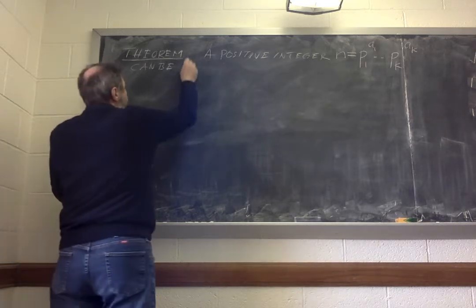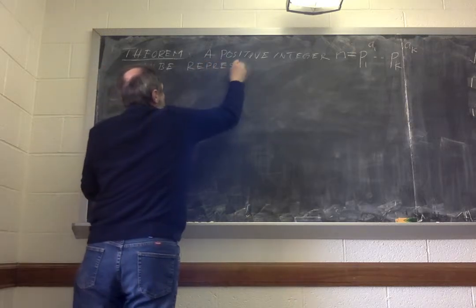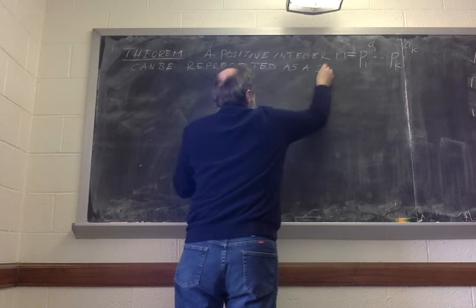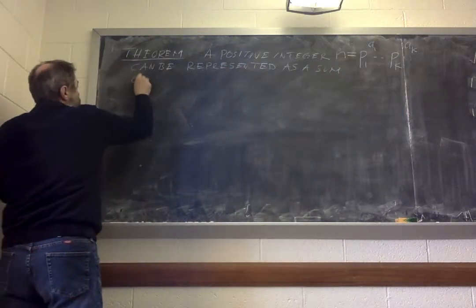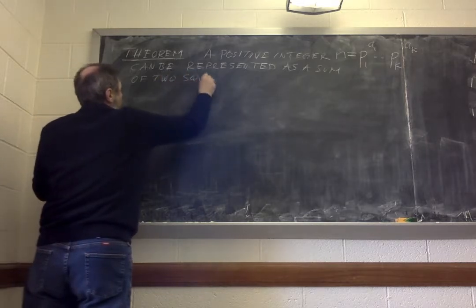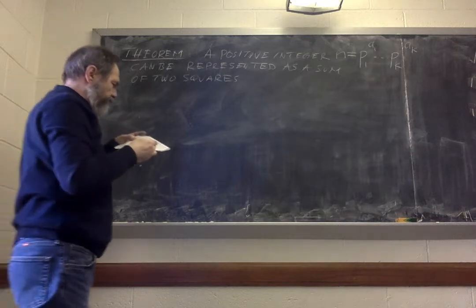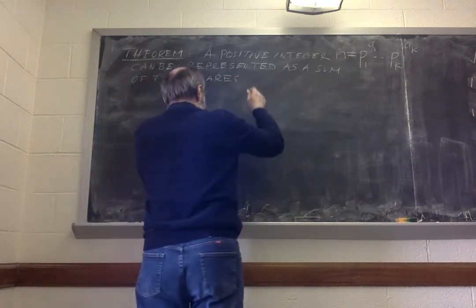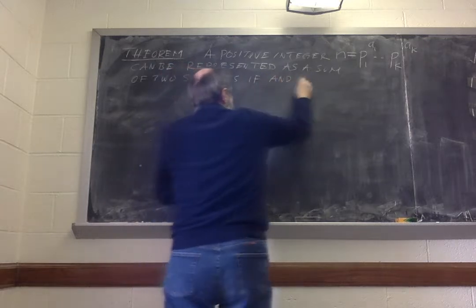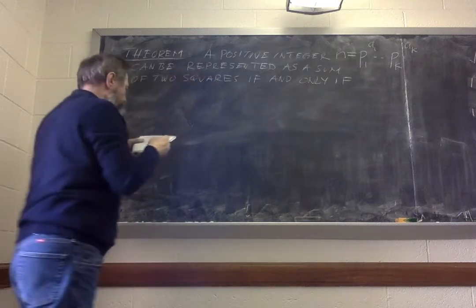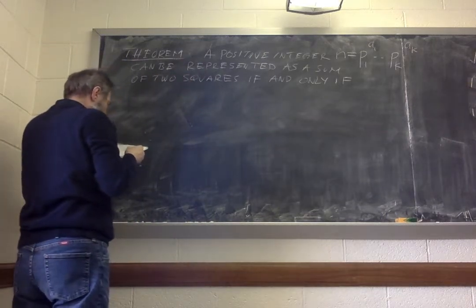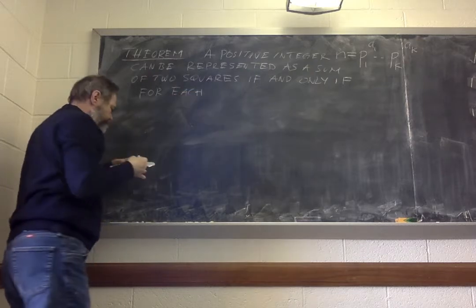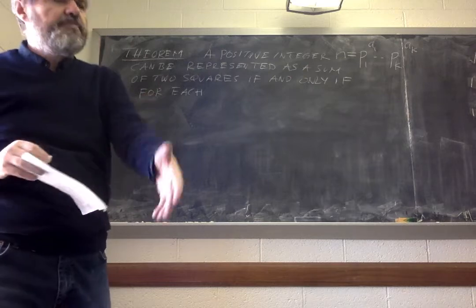Can be represented as a sum of two squares of integer numbers if and only if, for each prime, let me say first and then I write it.